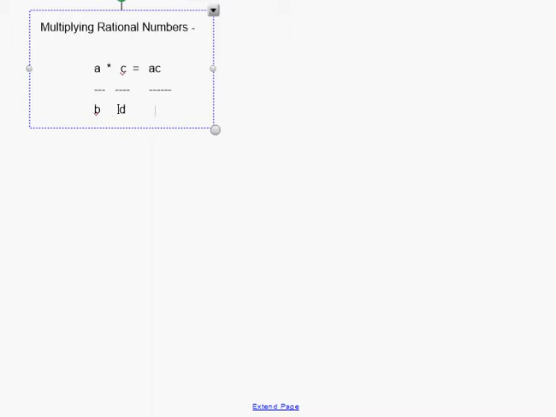So we multiply numerators together and we multiply denominators together.